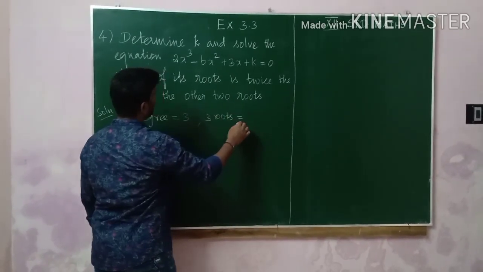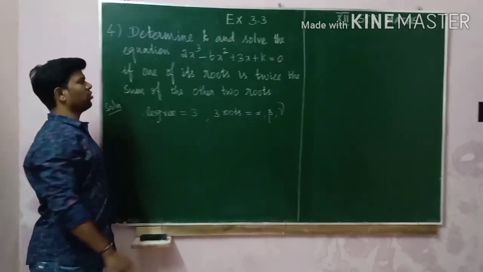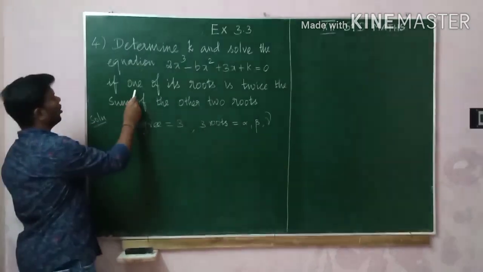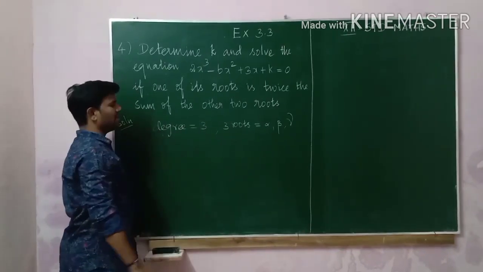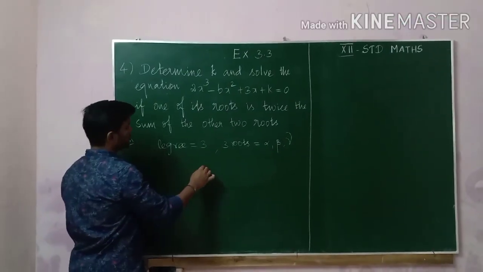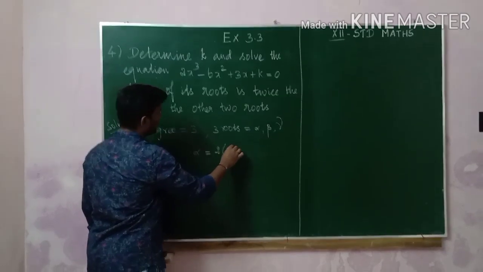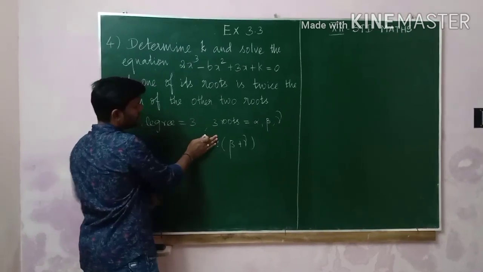So we have 3 roots. What are the roots? Namely alpha, beta and gamma. So listen carefully. Here they have given one clue. What is the clue? One of its roots is twice the sum of the other roots. So one of its roots, maybe I take alpha, is equal to twice the sum of the other roots. What is the sum of the other roots?